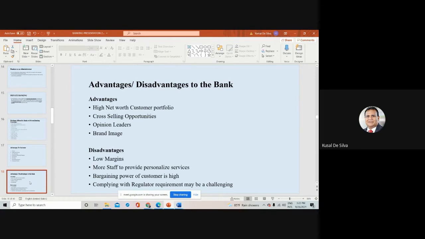Sometimes the bank will give gift items: t-shirts, caps, and sometimes watches, branded pins, wallets.